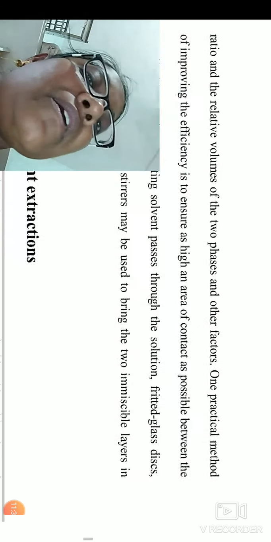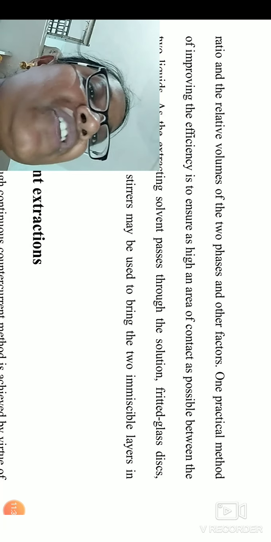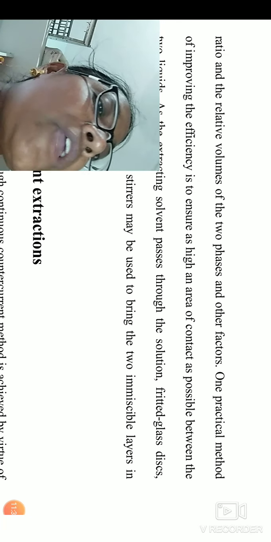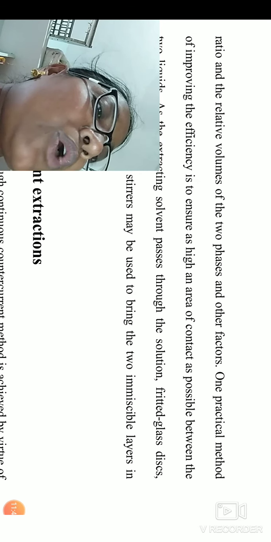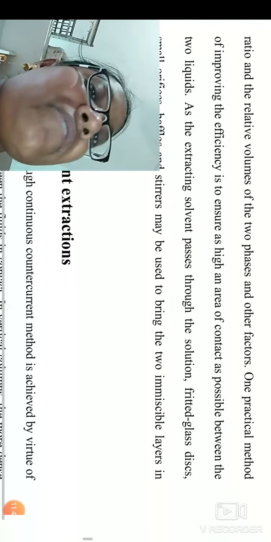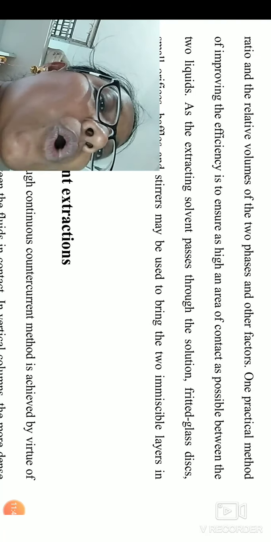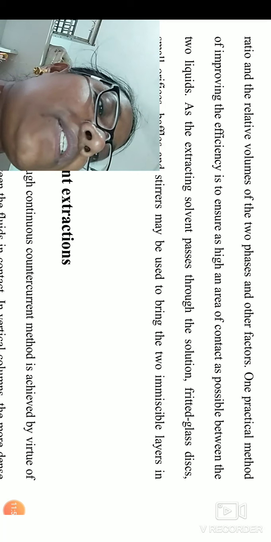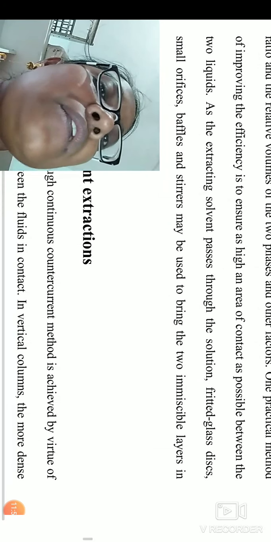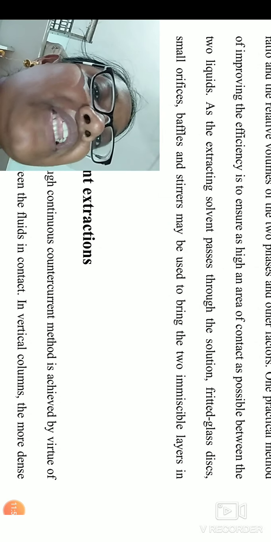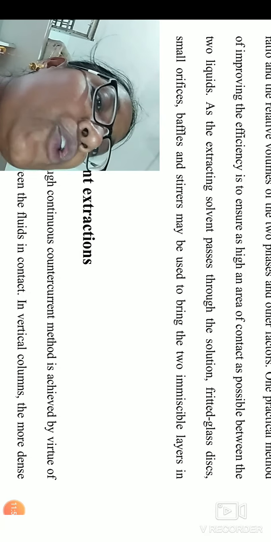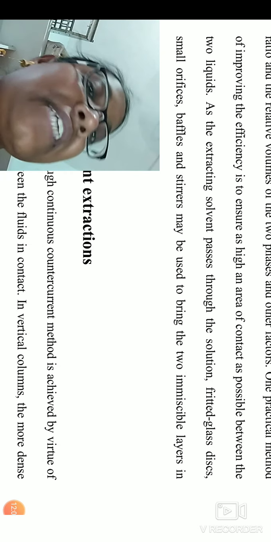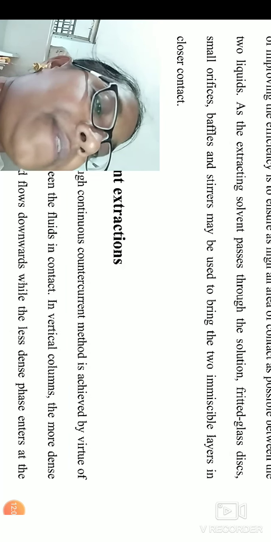One practical method of improving the efficiency is to ensure as high an area of contact as possible between the two liquids as the extracting solvent passes through the solution. Fritted glass discs, small orifices, baffles, and stirrers may be used to bring the two immiscible layers in closer contact.